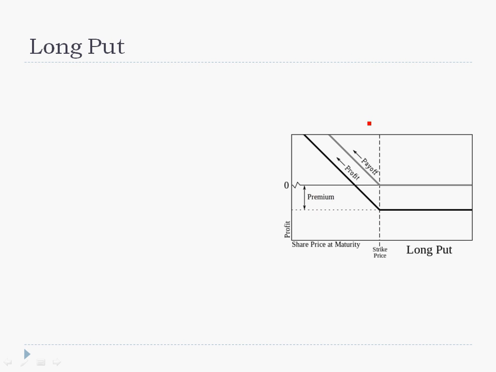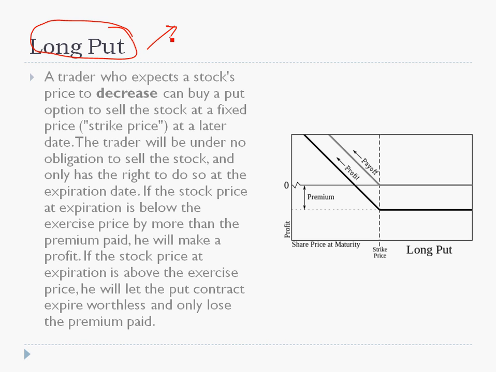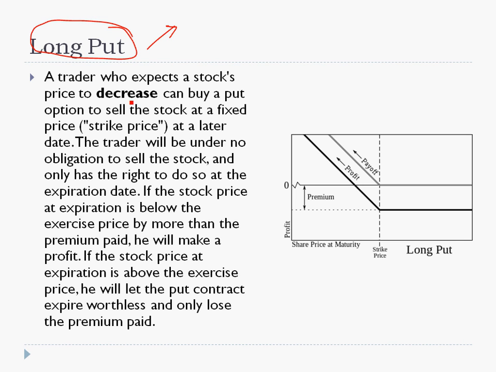So long put, I am the buyer of the put option and I have the right to sell the stocks, right? So my expectation is the price would decrease and I would ask the put writer to buy from me at a higher price.